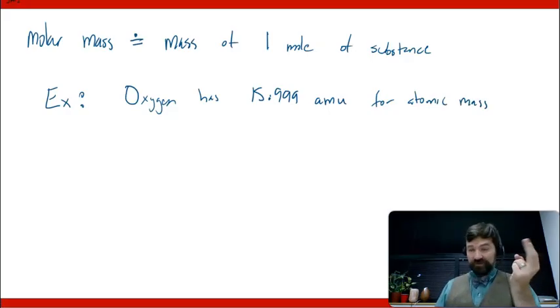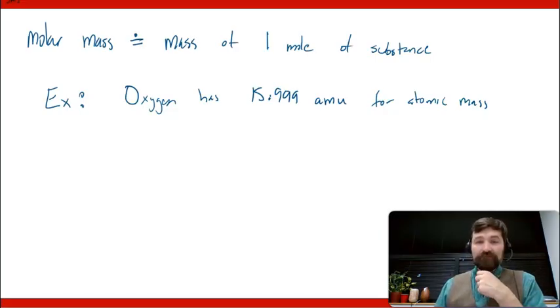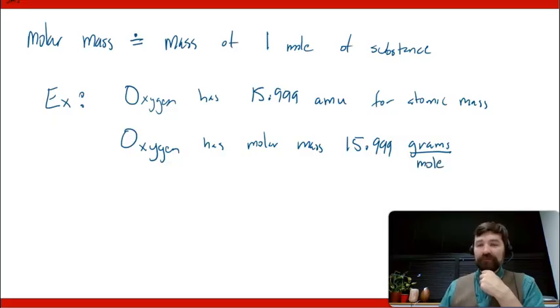And that is an average, by the way, because there is more than one isotope of oxygen, and so it's weighted by what percentage of oxygen occurs in each of these isotopes. But in any case, this is your average value. We can also therefore write that oxygen has molar mass of 15.999 grams per mole.